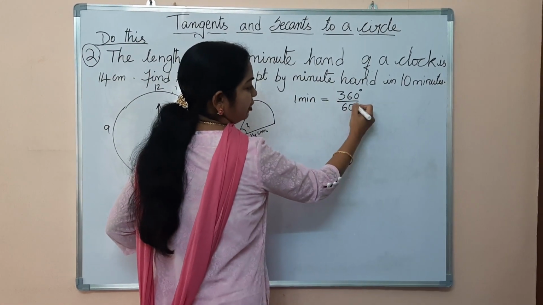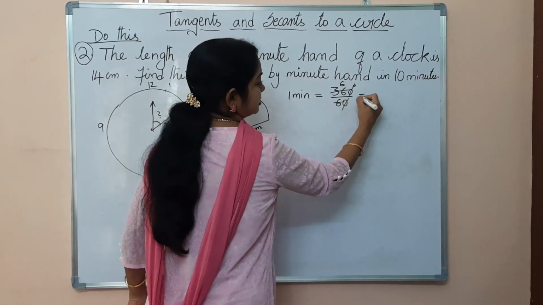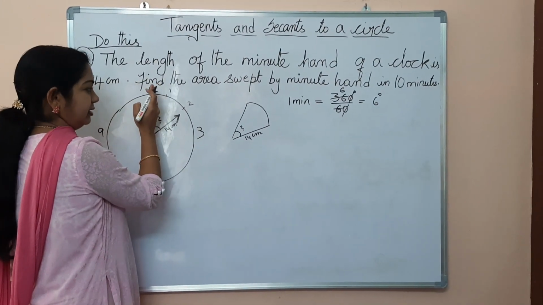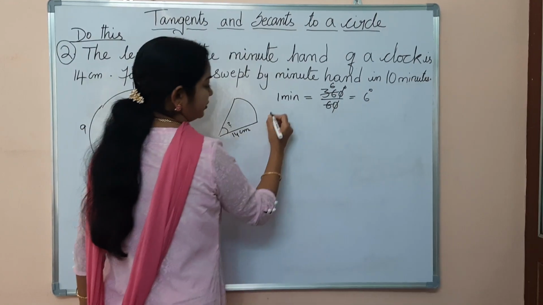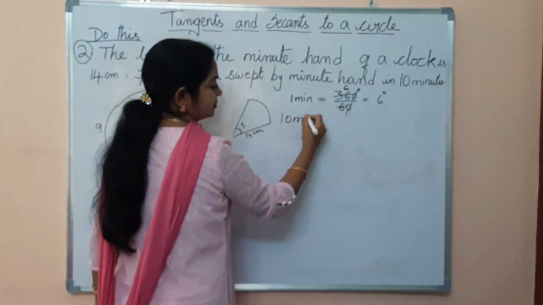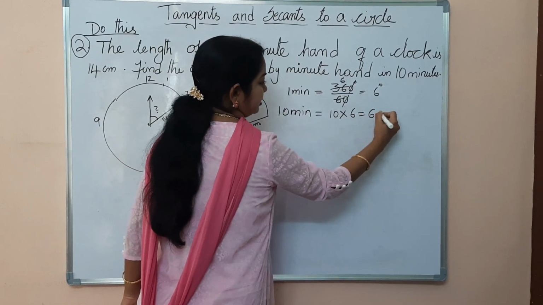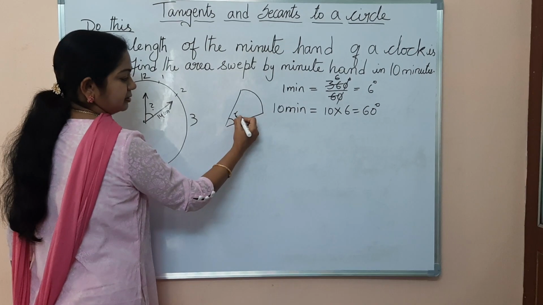So for 1 minute, how much angle it subtends? 6 degrees. So for the minute hand to move 1 minute, it covers a part of 6 degrees. So for 10 minutes, 10 into 6, that is 60 degrees. So the angle here is 60.